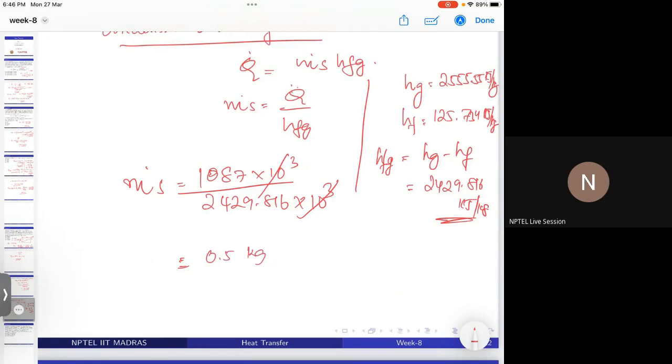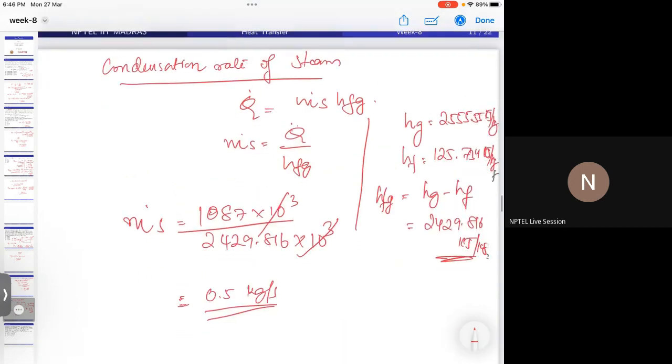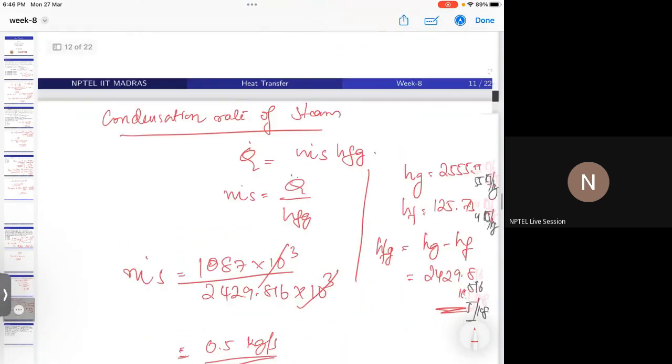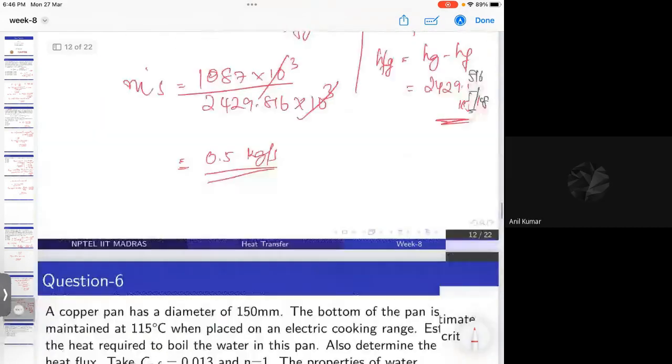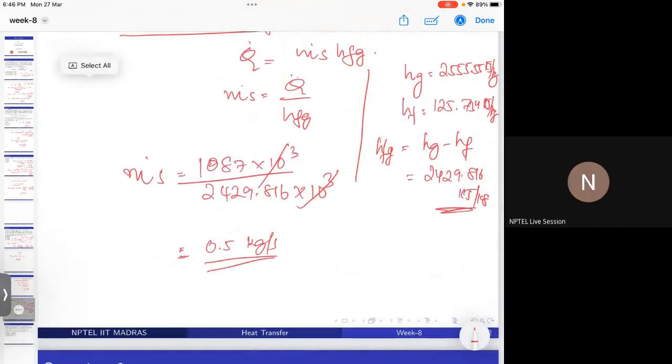You can just cross check. And this is the concept. I am also getting 0.447, sir, actually. Okay.